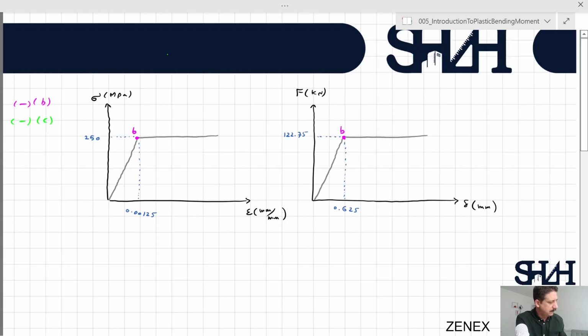So we calculated it was 167, with 84. And the force was exactly 2/3 of 122.75, 82 kilonewton. And it was 2/3 of 0.625, 0.42 millimeter.